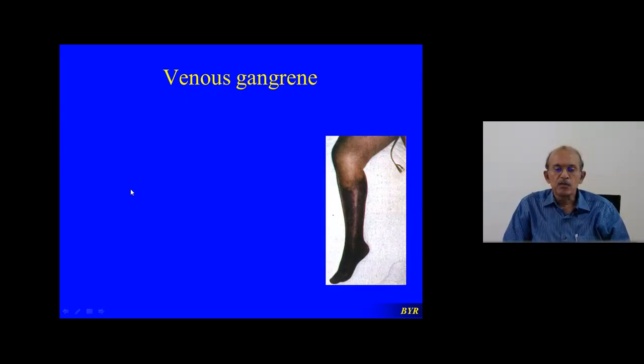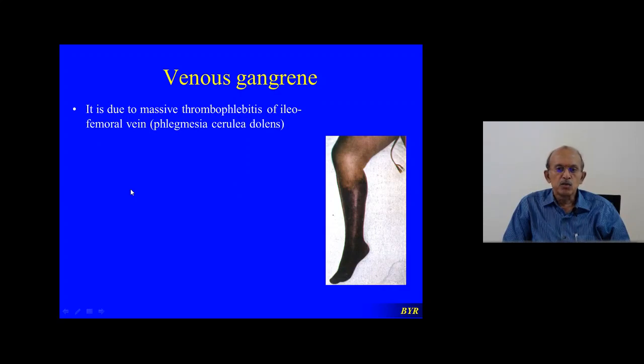I told you that when large veins are occluded that can produce gangrene. It is due to massive thrombophlebitis of the iliofemoral vein. Iliac vein and femoral vein, if both of them are thrombosed, then it can occur. There will be sudden severe cramp-like pain in the calf.